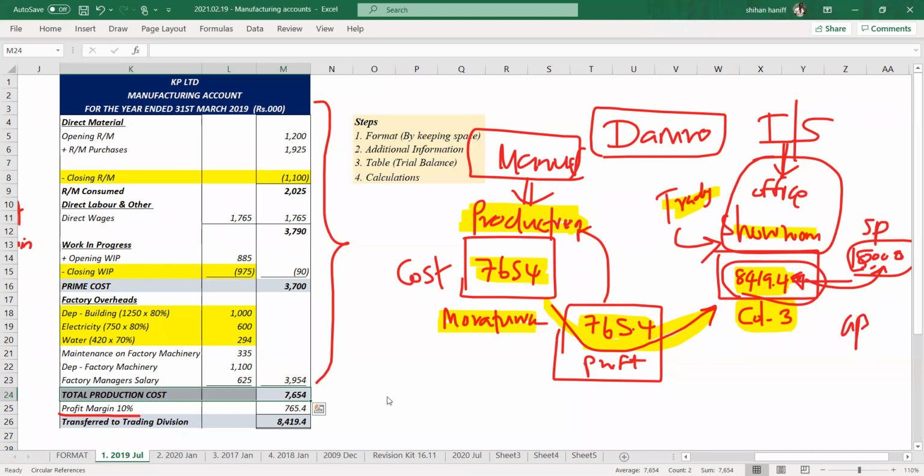This is internal. Remember, this profit margin is an internal profit. This 765.4. Internal. From the production department to sales department.